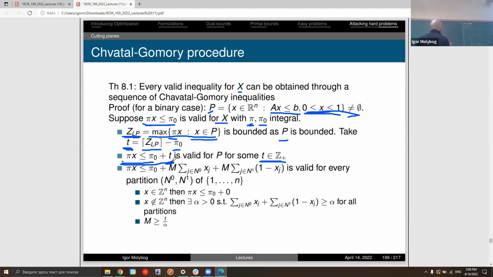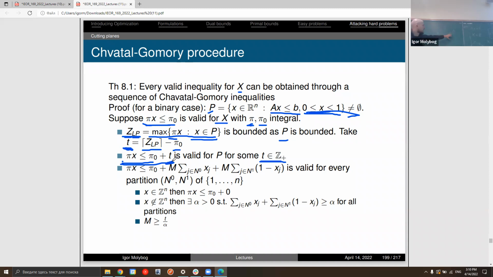Let's take a look at what happens with pi X. So pi is in fact a row vector, and X is also a vector of the same size. So this is pi, and this is X, and this is less than or equal than a single number pi 0.